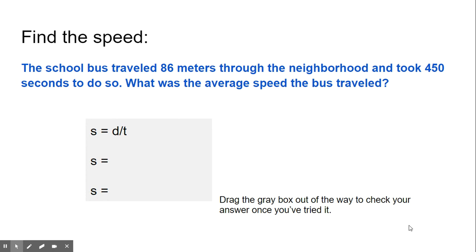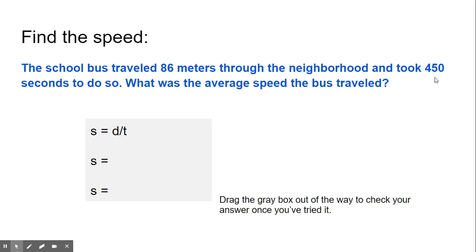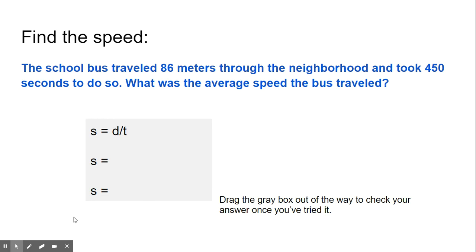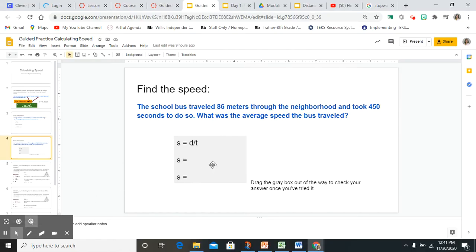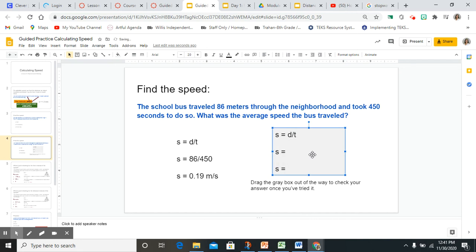That way you can plug in the numbers here, which would be 86 meters divided by 450 seconds. If we drag this box out of the way, you will see that your answer is 0.19 meters per second.